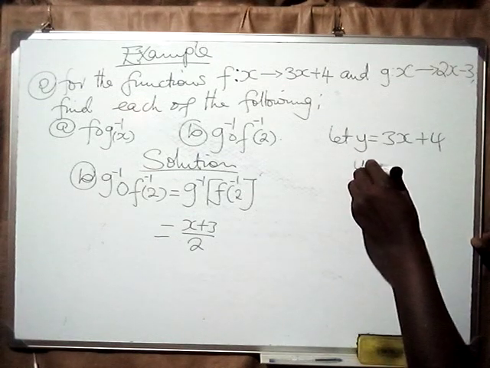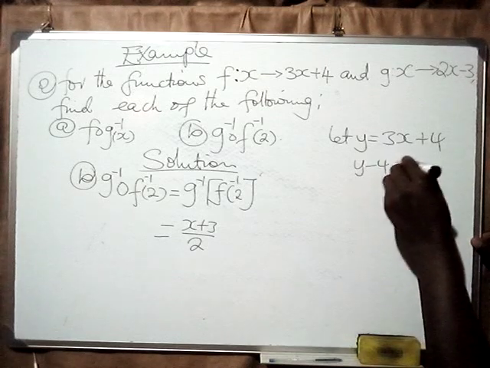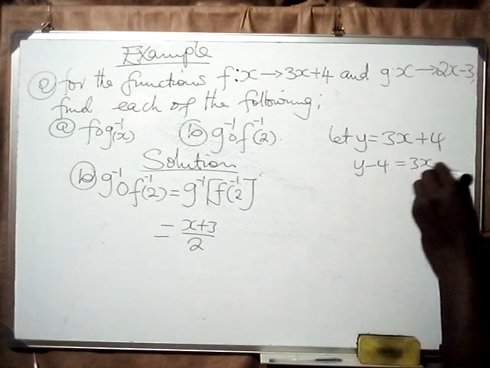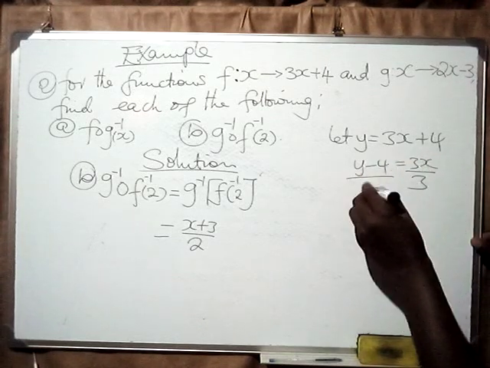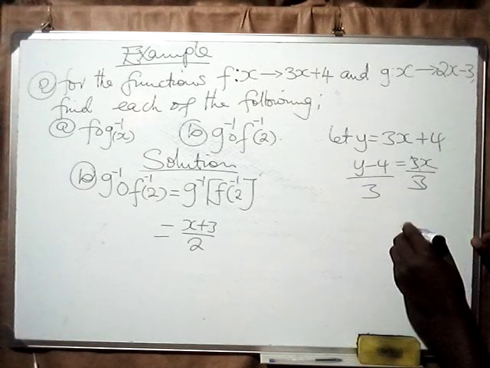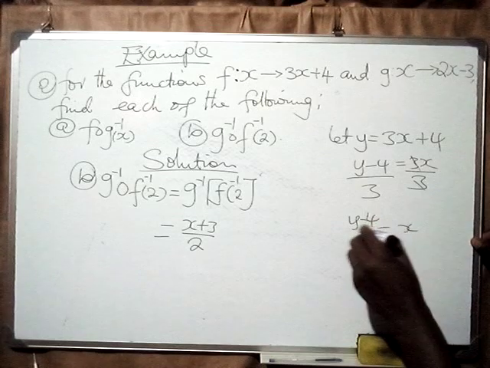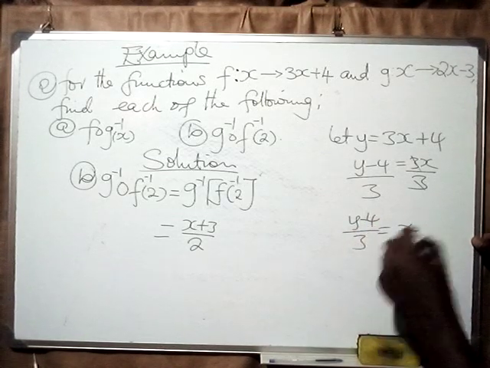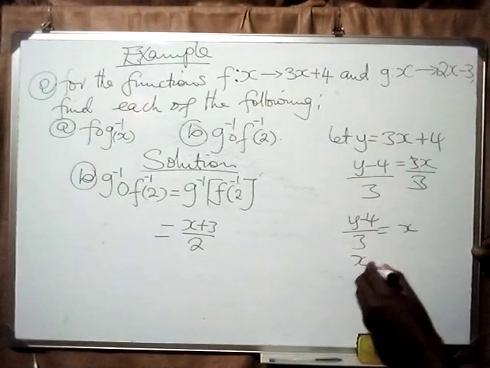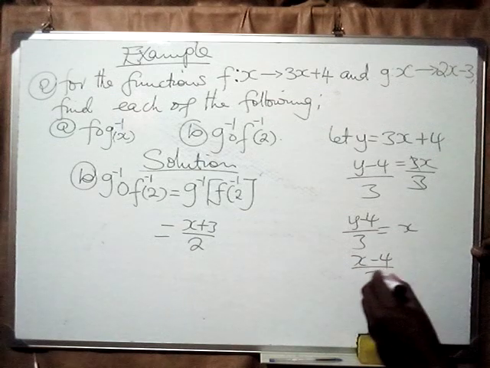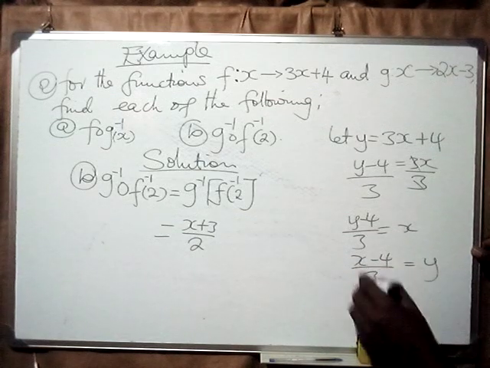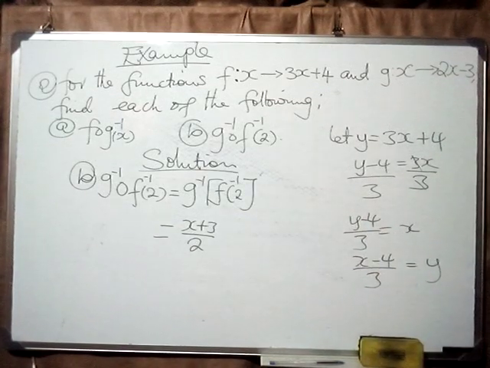So it will be y minus 4 is equal to 3x. Then we divide by 3, even inside by 3. So x is equal to (y minus 4) over 3. Then now we exchange. So it will be (x minus 4) over 3 is equal to y. So this is the inverse of f.